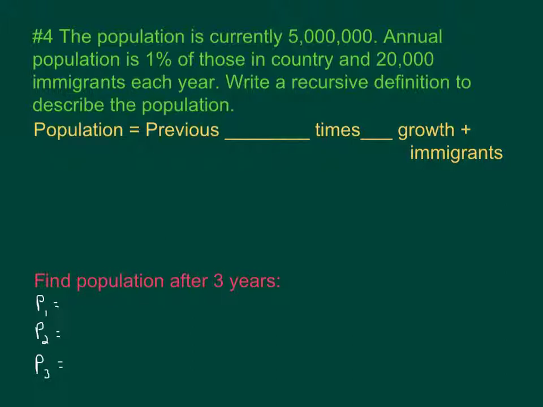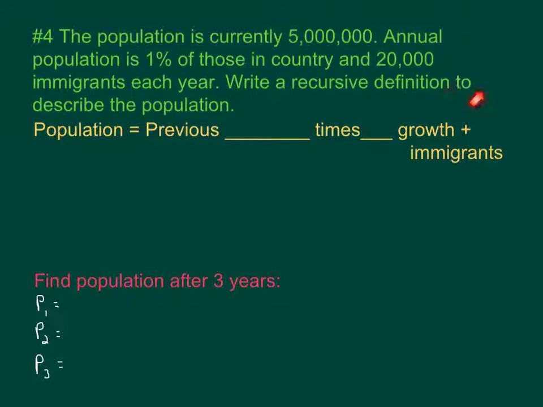Okay, now here's an application problem involving a recursive equation. Read along with me. The population currently is 5 million. Annual population growth is 1% of those in the country and 20,000 immigrants each year. So it grows by 1% of those who are already in the country, plus it adds 20,000.